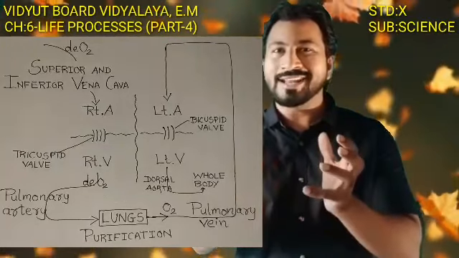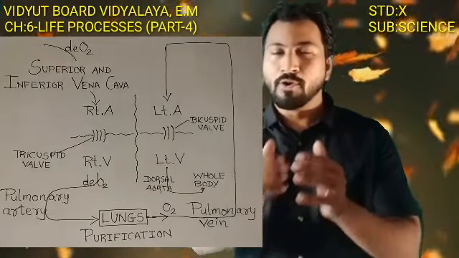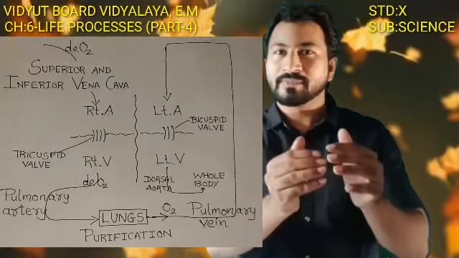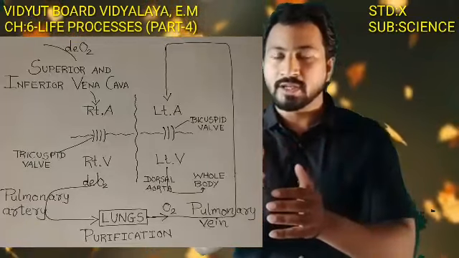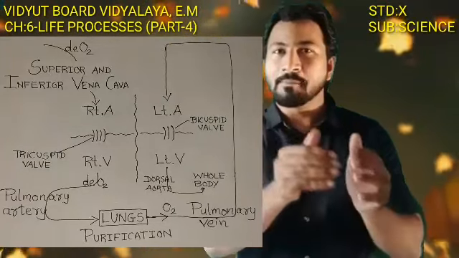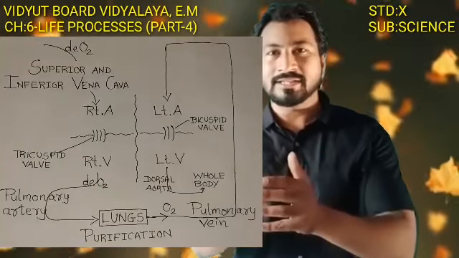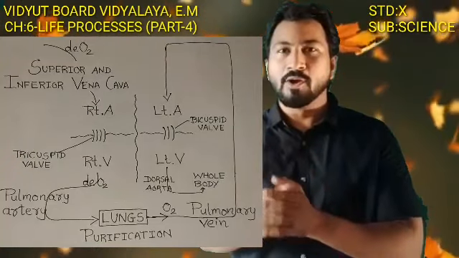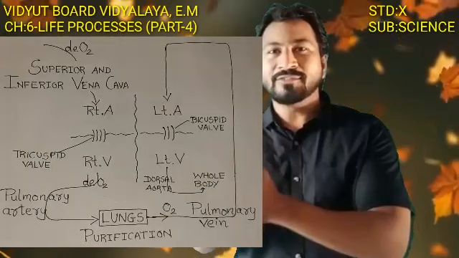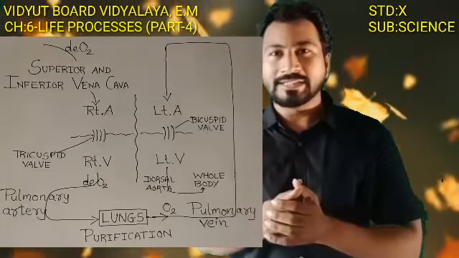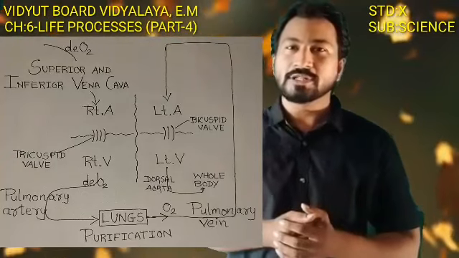So they will contract, and from the right ventricle, the impure blood will go into the lungs for purification by the pulmonary artery. And simultaneously, the pure blood from the left ventricle will go to the entire body by means of the dorsal aorta.